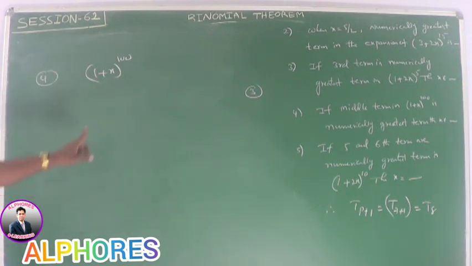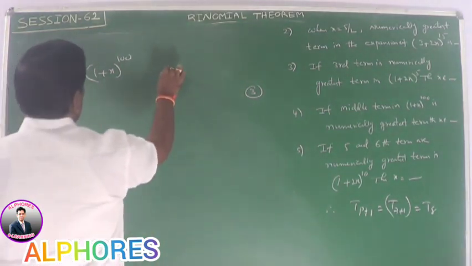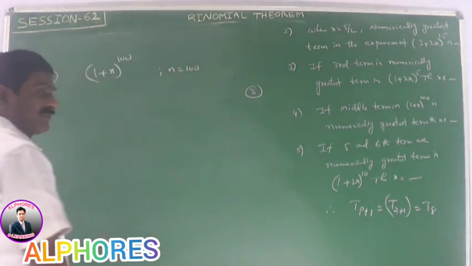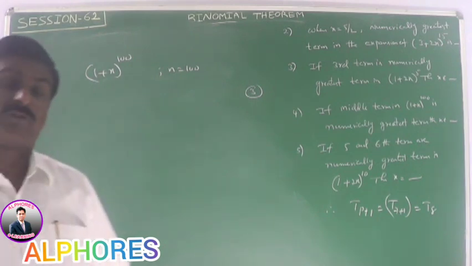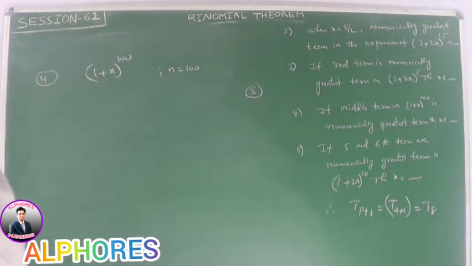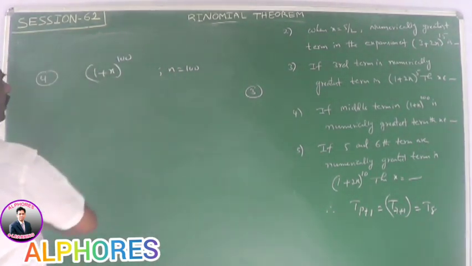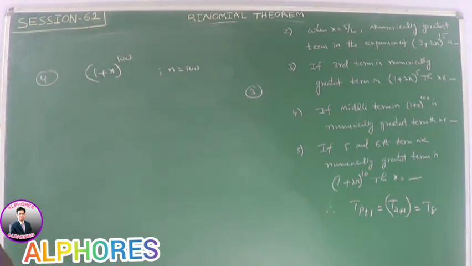Please observe the index of this binomial: n is equal to 100, it is even. If n is even, then we get only one middle term. That middle term is the (n by 2 plus 1)th term, that means the 51st term. We already discussed this.